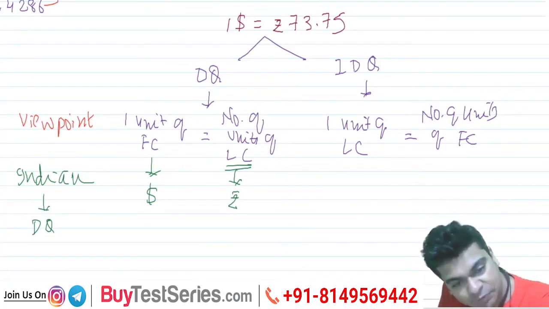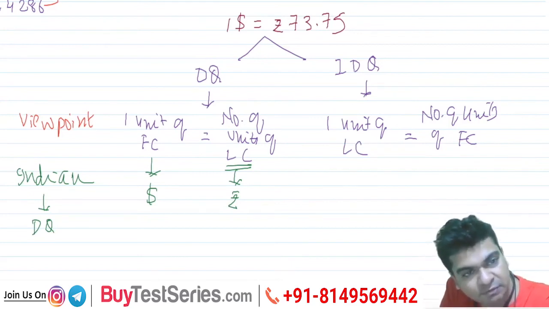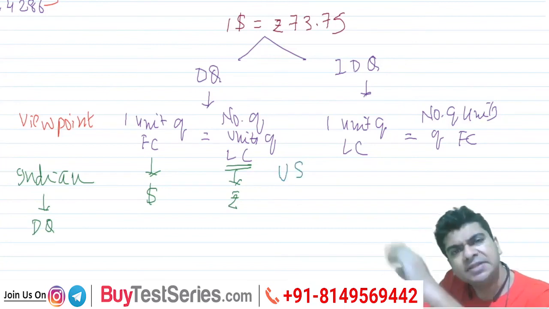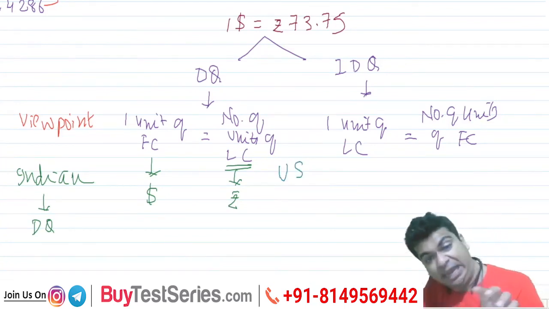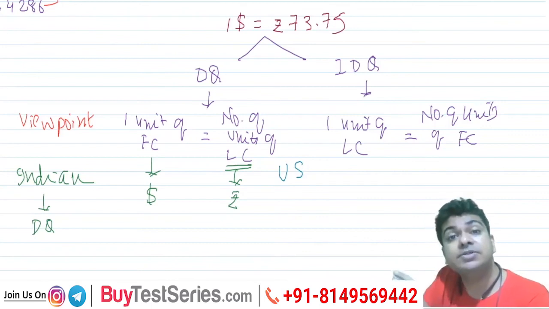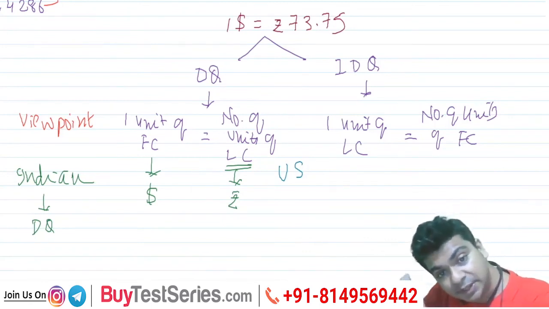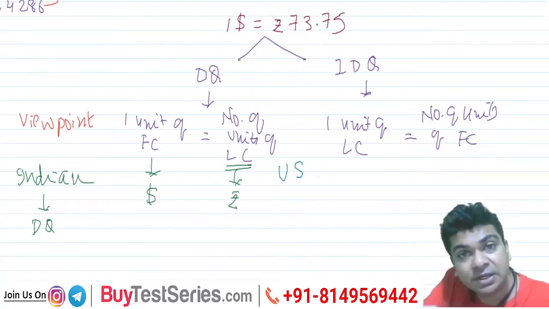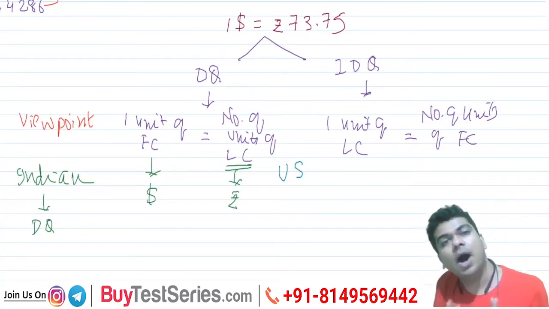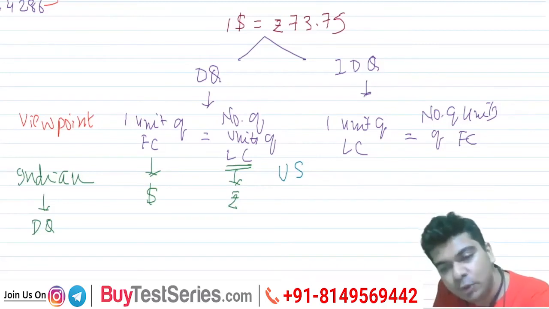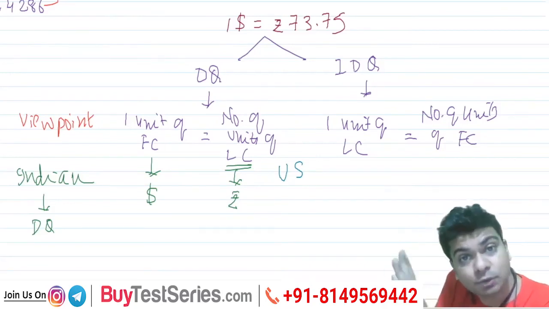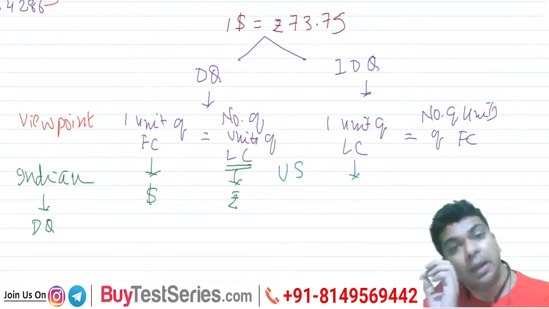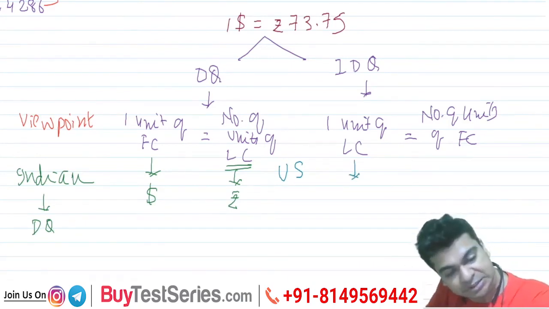But let us say it is a US viewpoint. Let us say there is some citizen in the US who is looking at this quotation, a person born and brought up in the US. That fellow is looking at this quotation: $1 equals rupees 73.75. If you are a US citizen, tell me, which is your local currency?